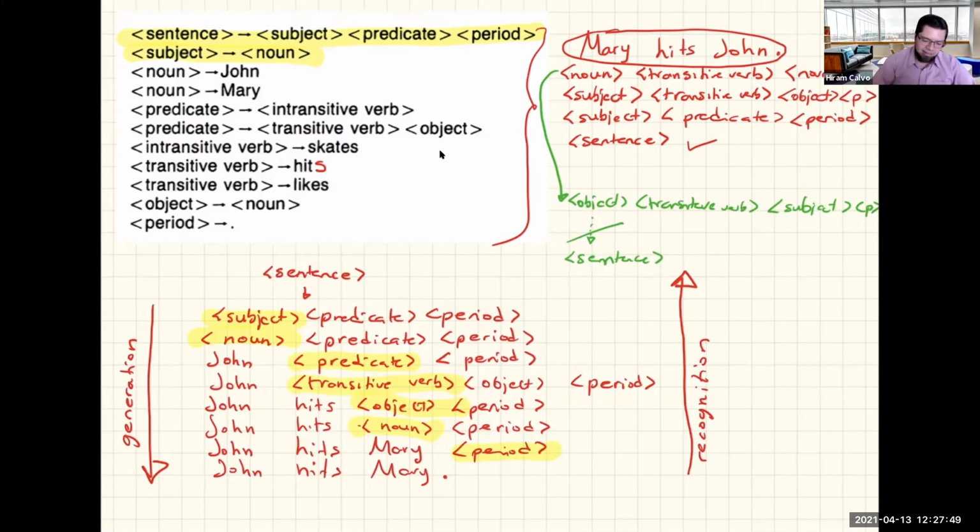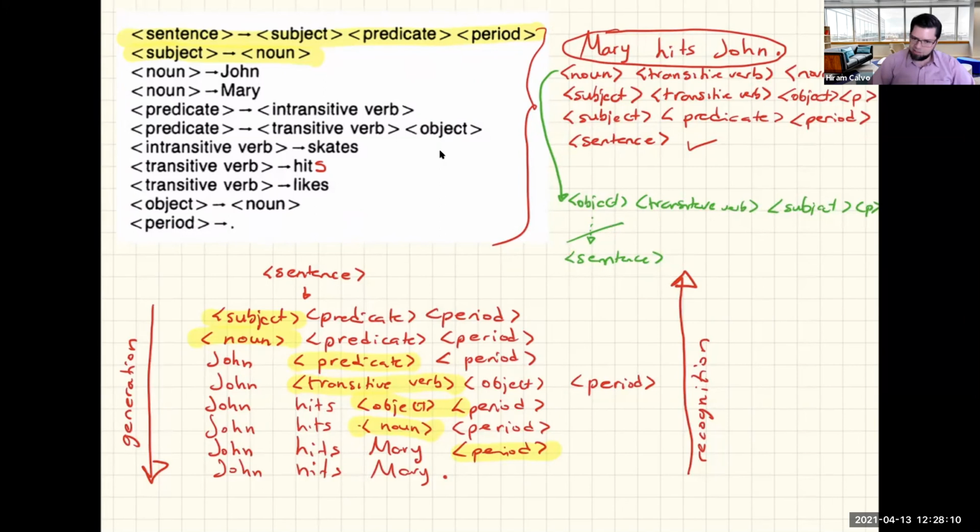Here, of course, the same, because there are many, many ways of not accepting a sentence. But if there is at least one combination that allows me to reach sentence, then I can say the sentence is recognized by this grammar. If I do this, then I just want to reach sentence at the end.